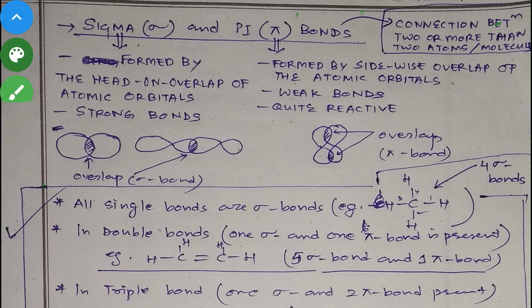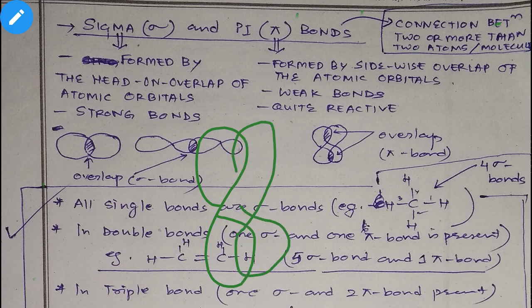The orbitals do not get much area to overlap. In head-on overlap they meet directly, so the electron density is more and the bond is strong. But when they meet sidewise, they do not get much area to overlap, so the overlap is weak, and hence pi bonds are weaker than sigma bonds.